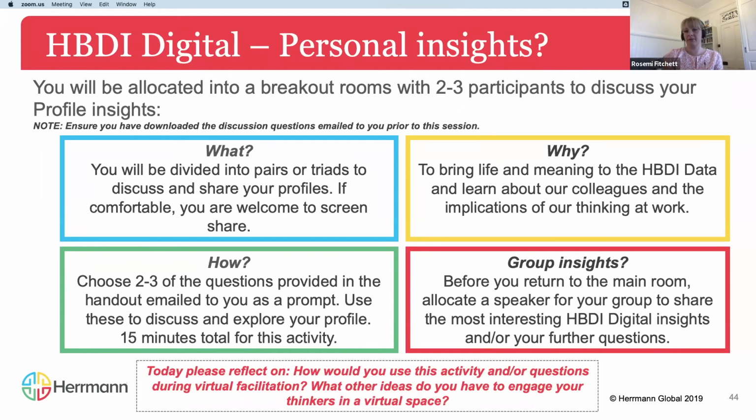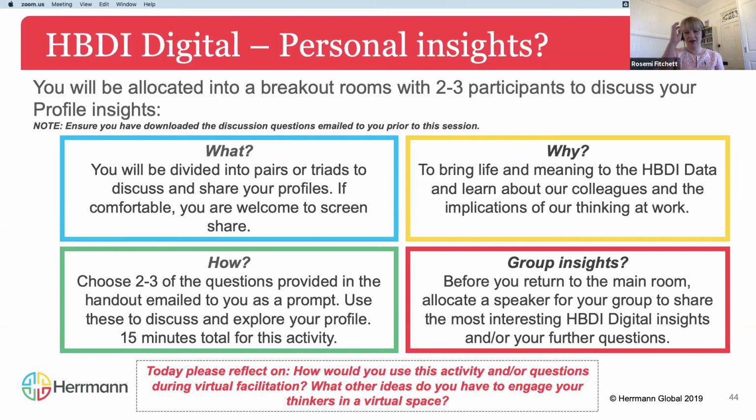So I always have the backup question, but I don't say it like that. I just know that that's what happens in reality. So I have the other question: what ideas do you have to engage your thinkers in a virtual space, which is more of a general question and helps me understand the thinking of the group and what I focus on.